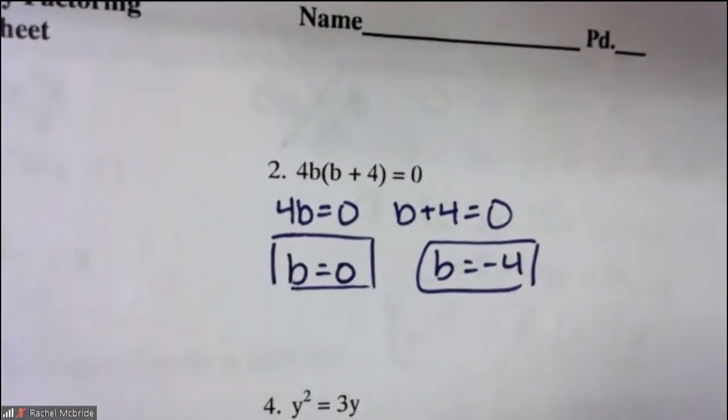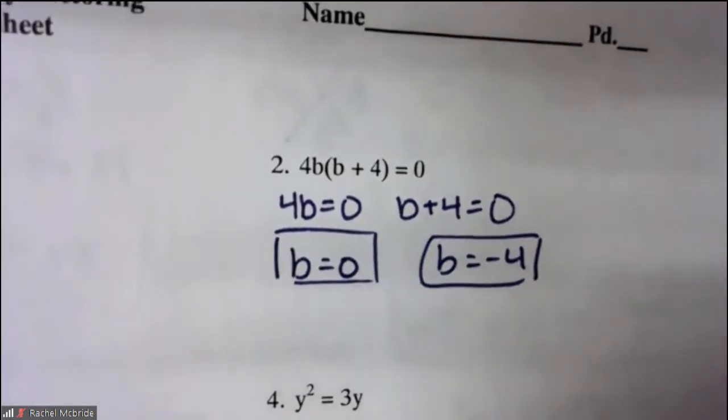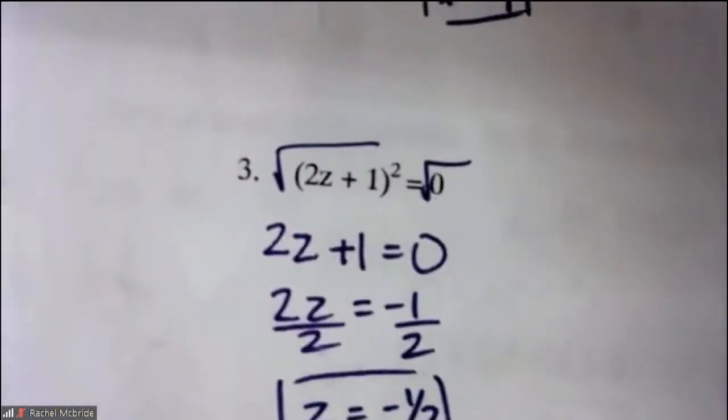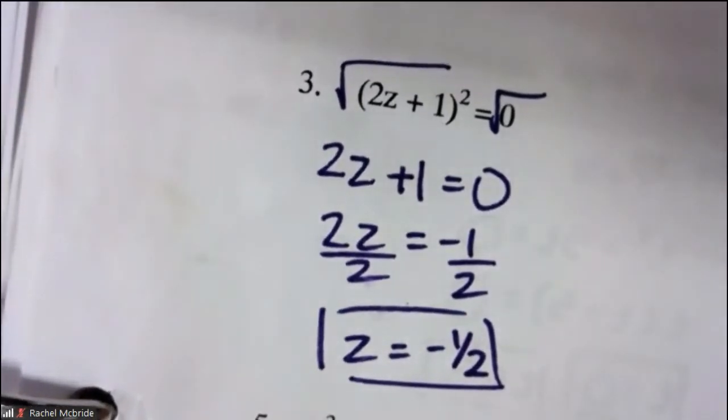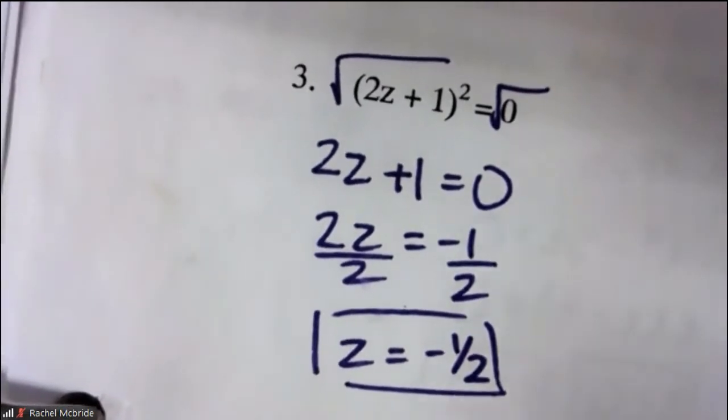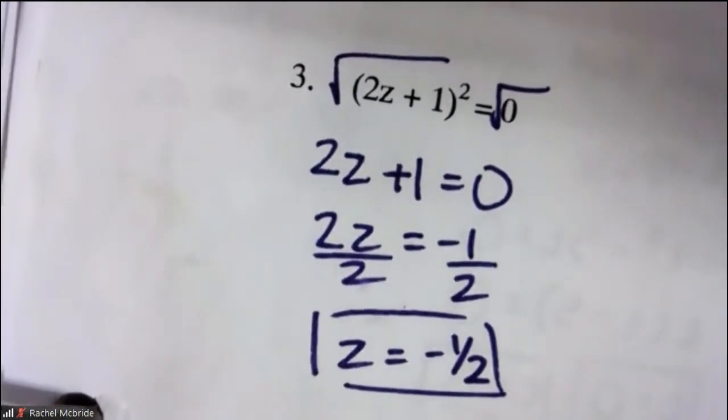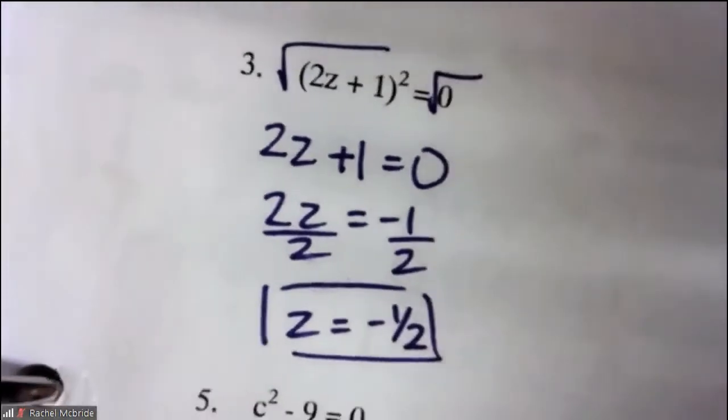Maria, number 3. Perfect. C equals negative 1/2. Bella H, number 4.